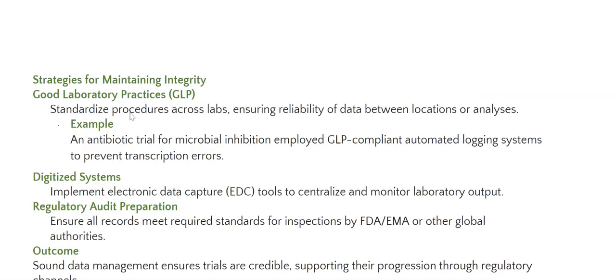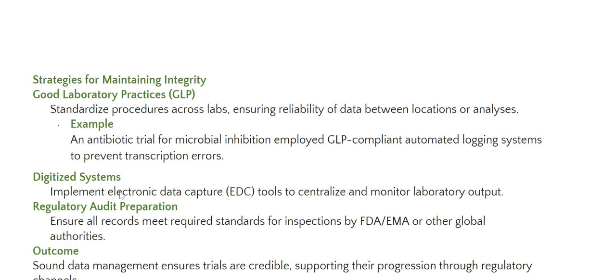Strategies for maintaining integrity. Good laboratory practices, GLP: standardized procedures across labs, ensuring reliability of data between locations or analysis. For example, an antibiotic trial for microbial inhibition employed GLP-compliant automated logging systems to prevent transcription errors or bias.